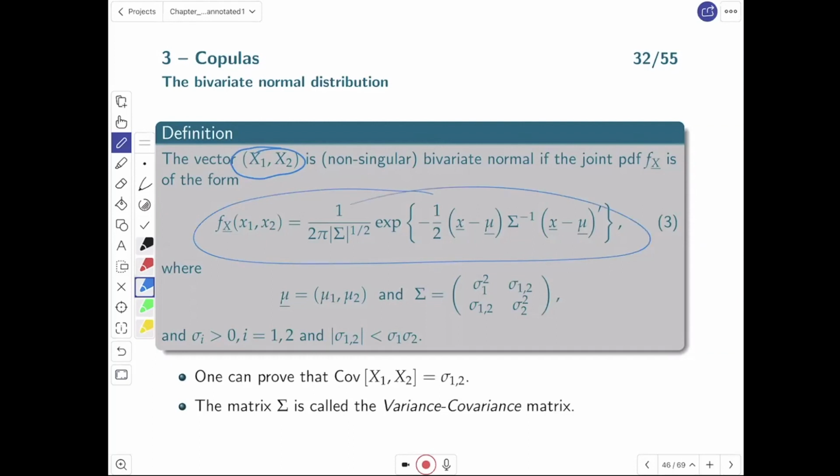I hope that from a course in probability or any other course, you learned how to deal with this joint CDF. So assume that we have this joint CDF. It tells you directly the distribution of X1 and X2 together. A joint density gives you a joint CDF.